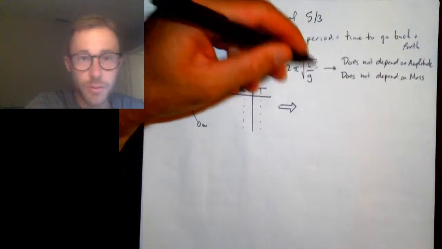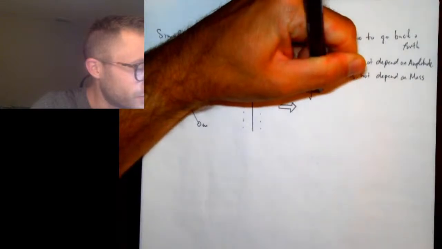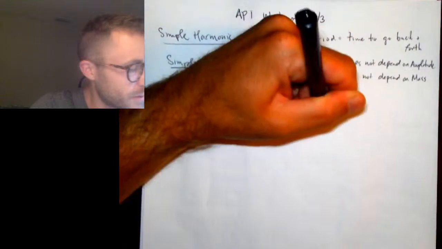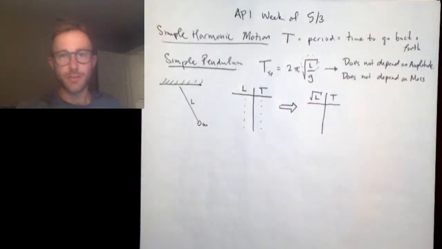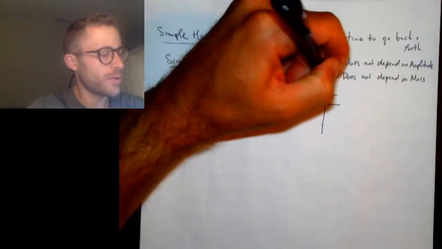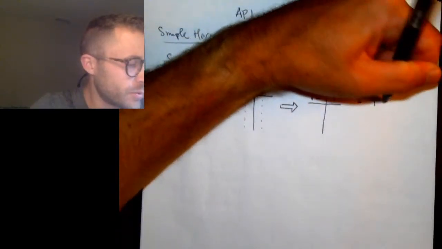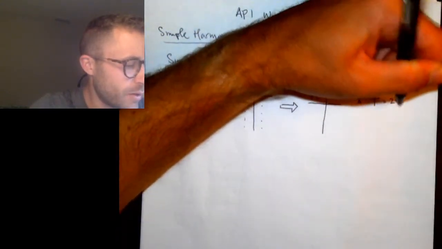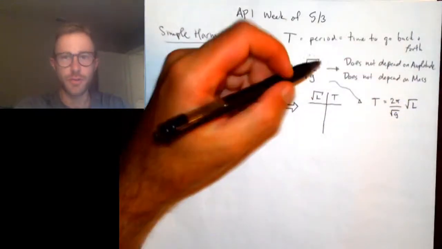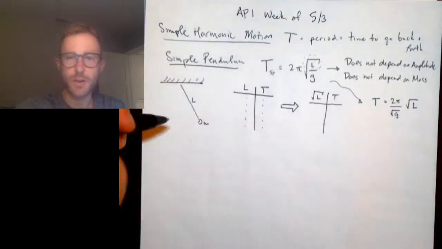Because I have square root of L in the theoretical equation, I would graph square root of L versus period. That is what gives me a linear relationship. If I rewrite my equation, I have period equals 2 pi over square root of g times square root of L. I separated this single square root into two square roots.